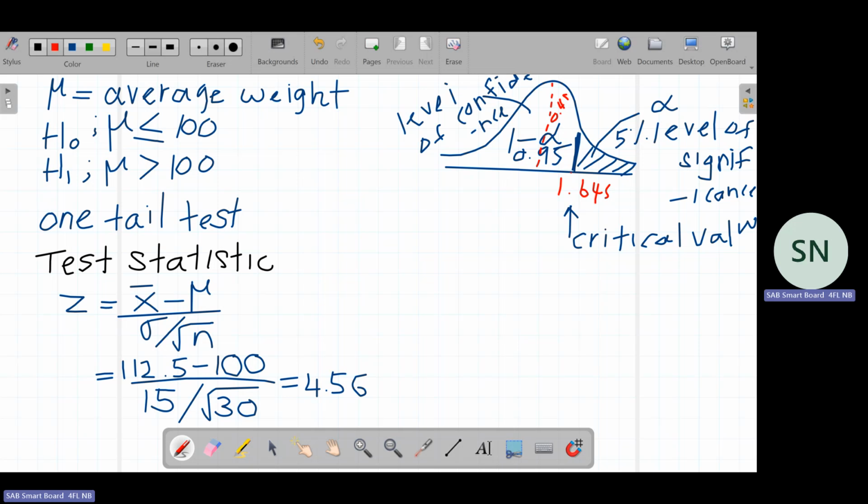Where is the 4.56? It's greater than 1.645. It means somewhere in here. Okay, in which region? Acceptance region or rejection region? Rejection region.